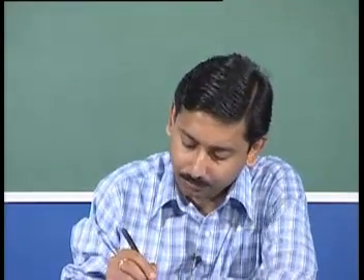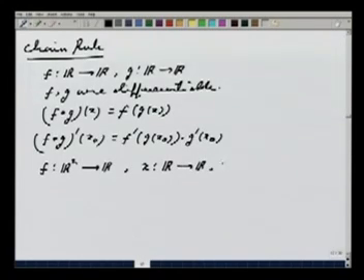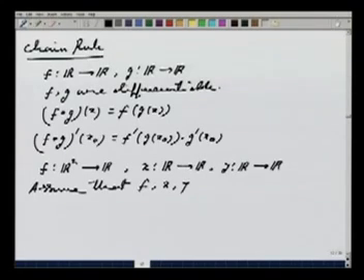Now I want a several variable analog of this, that is in 2 dimensions. So here the setup is exactly like this, that I have a function f from R2 to R, and I have two functions, one is x from R to R, other is y from R to R. Assume that f, x, y are all differentiable functions.